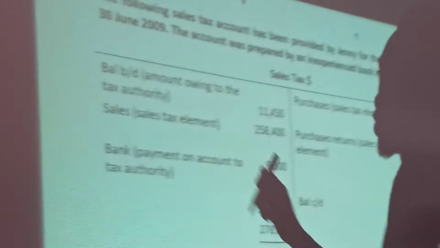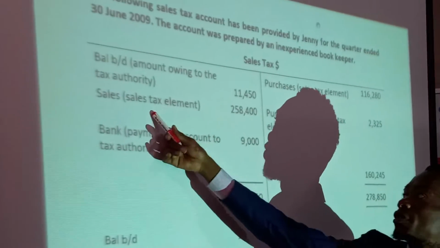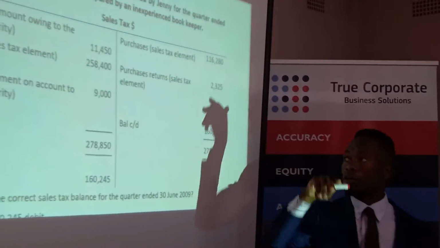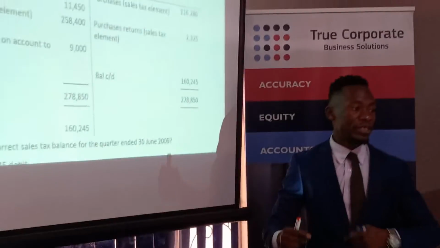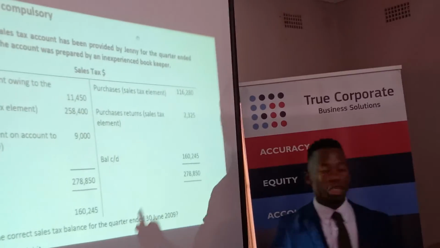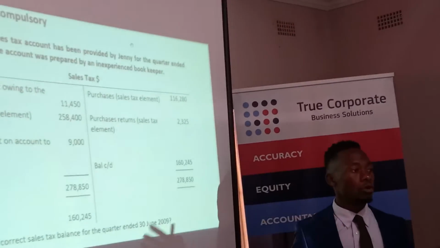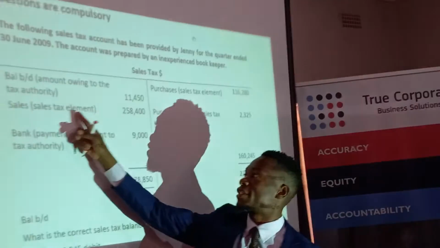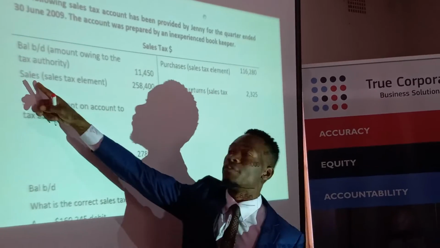What about the sales? So there is a sales tax element. Remember what we did when we were calculating sales tax. We say on sales, you say the percentage multiplied by the sales, you remember? So this has been done for you already. So you are not multiplying. They are saying the sales tax element they are getting from the sales.